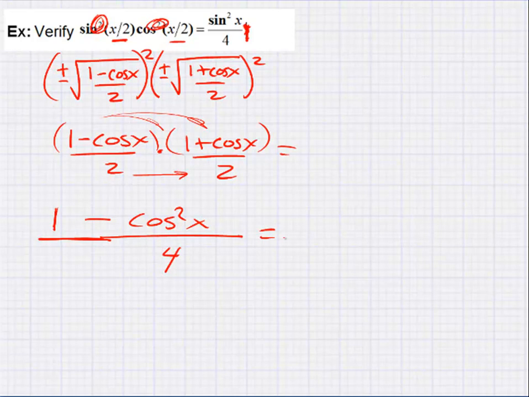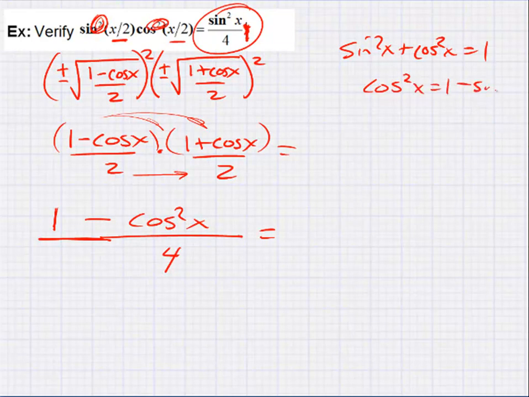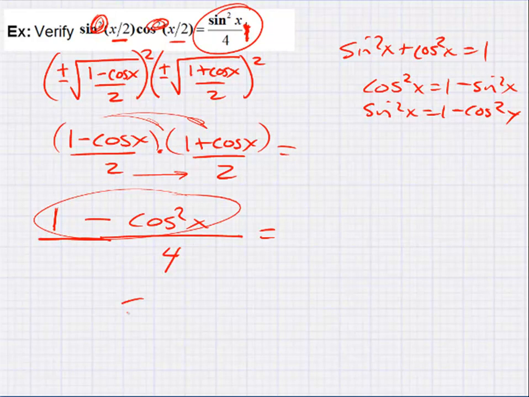We're still looking to get this as our answer. Well, we only have one more step. We know that sine squared x plus cosine squared x equals 1, or cosine squared x equals 1 minus sine squared, or sine squared equals 1 minus cosine squared. So this is sine squared. So I end up with sine squared x over 4, which is exactly where I wanted to go.